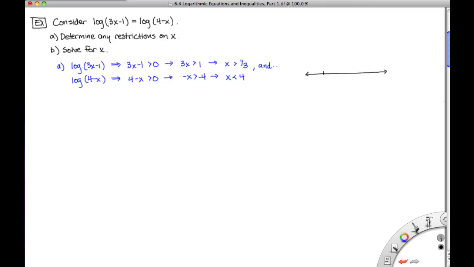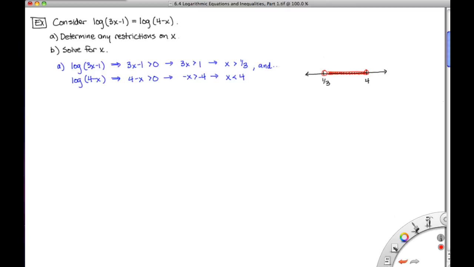So we've got 1/3 and we've got 4. So if we were to think about numbers we're including, well, it's all the numbers strictly greater than 1/3 and strictly less than 4, and we're not including any of these. So the overlapping interval is going to be all of the values in between these two numbers.